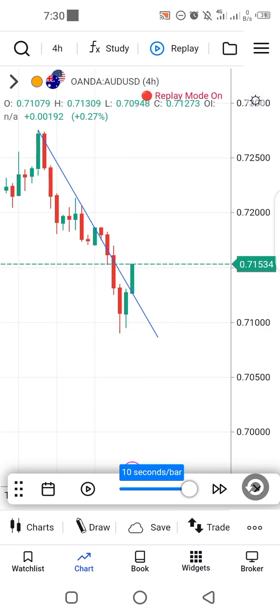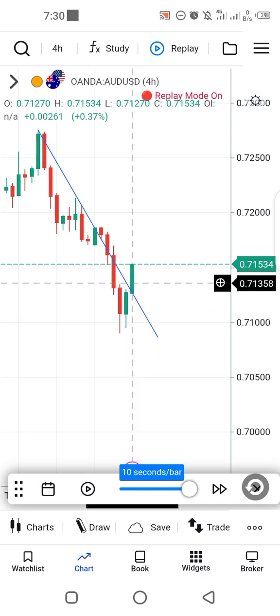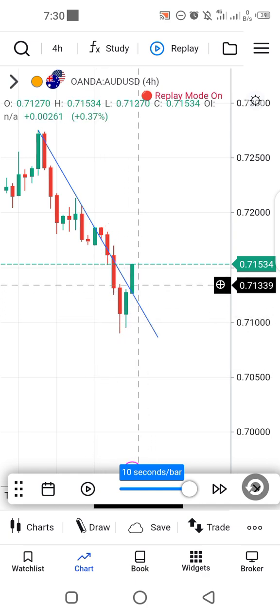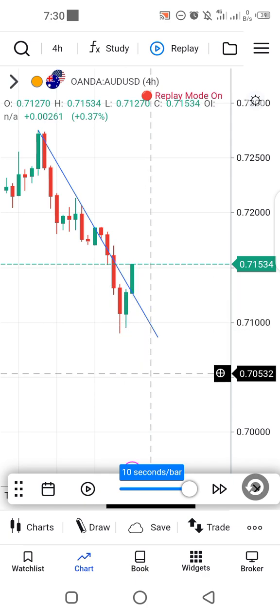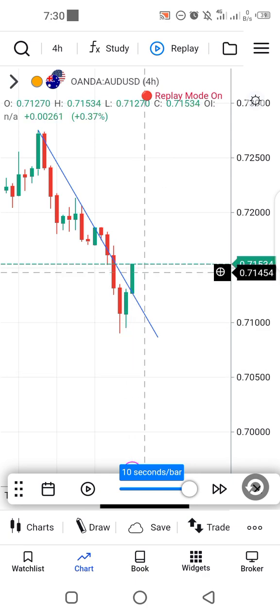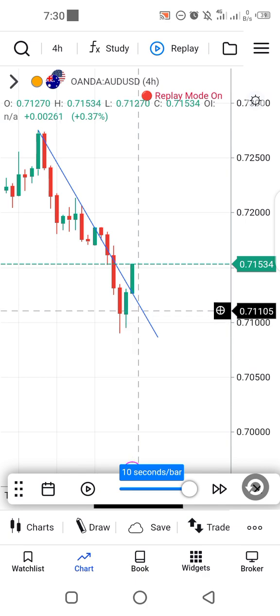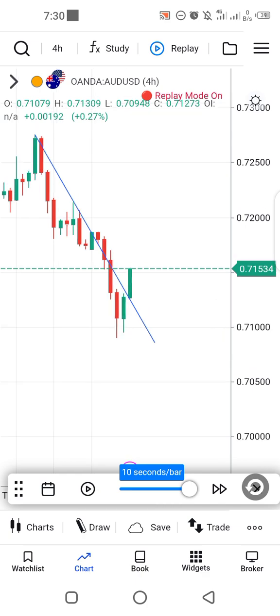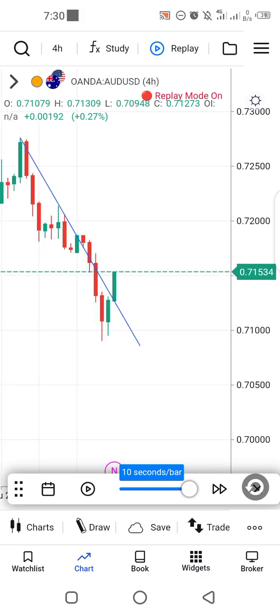If not, then maybe you should just close it anytime you feel like closing it, or maybe you set 1-to-1 and close both of them at 1-to-1, or you make the second trade 1-to-2 or something. But I feel this is the best way to exit a trade, because now I know that this thing has broken my trend line and may no longer move downward. So I'll close my trade. Even if it continues to move downward, it doesn't really matter. Okay, so now we have closed our second trade.